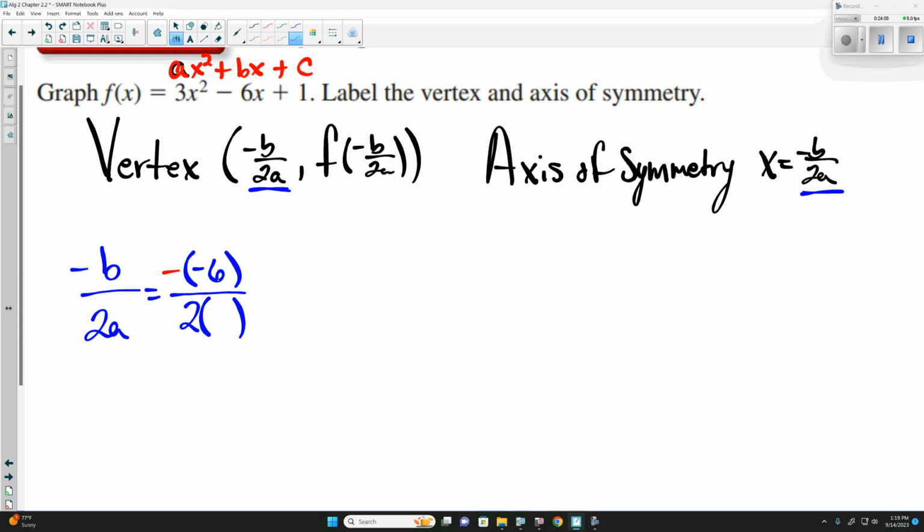So we replace b with -6 in this equation, over 2 times a, and a in this case is 3. Simplify. Now at this point we could do this by hand. Well, the numerator, negative -6 is +6. 2 times 3 is 6. 6 divided by 6 is 1.